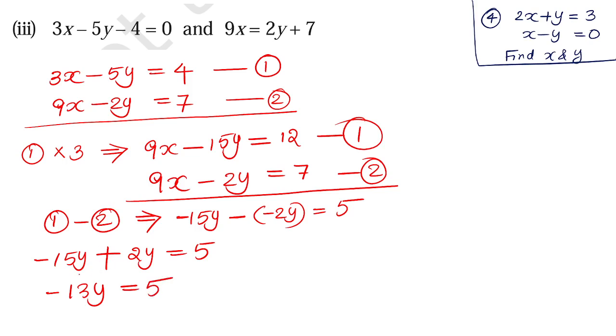If you don't understand, please tell me, I will explain. Minus 15 plus 2 is actually minus 13. y equal to, minus 13 goes to the other side, 5 by minus 13.